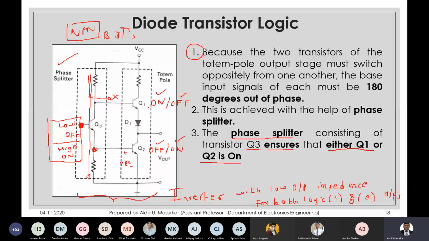So to ensure that, we need to put in a totem pole and phase splitter. Okay, let's go to the next thing.